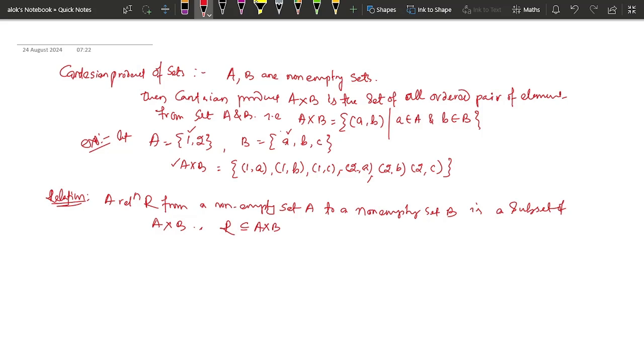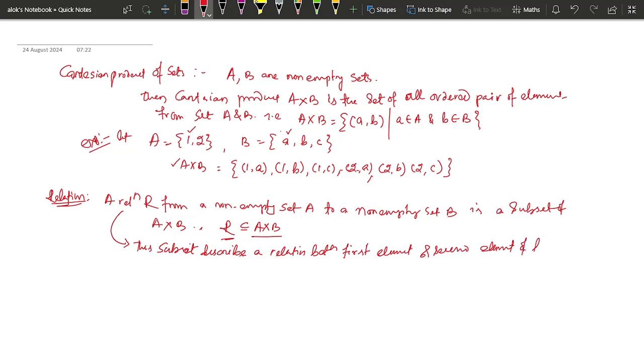This subset, which is the relation, describes a relation between the first element and the second element of the ordered pair.